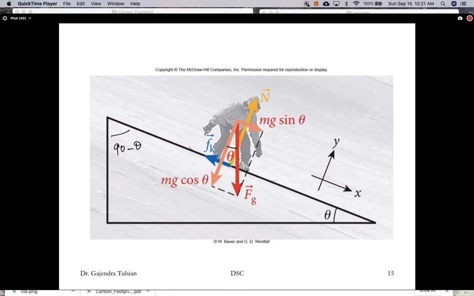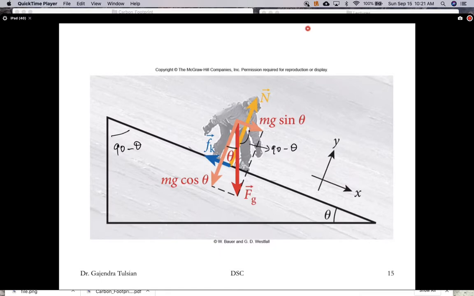And you can see from this diagram, there's the vertical, this is parallel to that, so this angle is the same as this angle, so this is 90 minus theta as well, and so this angle would be theta. All right, so if this is the force, this is mg, then this is mg sine theta, the opposite side, and this is the adjacent side, which is mg cosine theta.